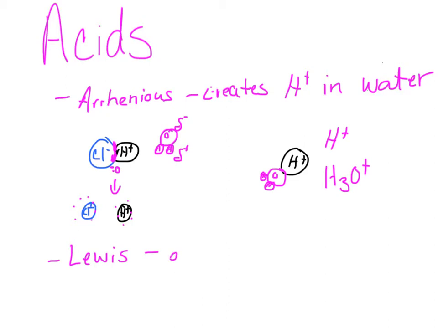And he found that acids can be electron acceptors. And that makes sense, because we have this H plus that's floating around, and it has a spot for electrons to go.